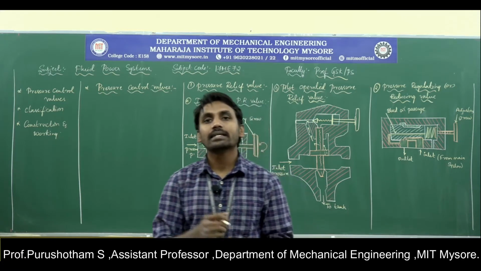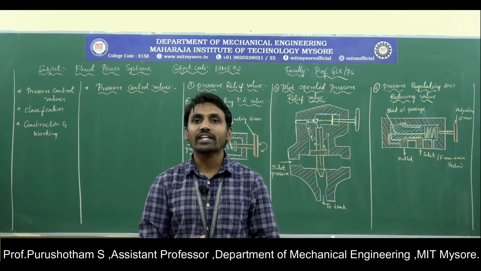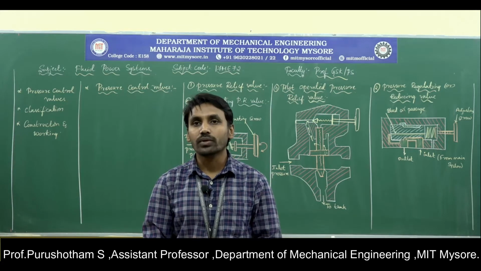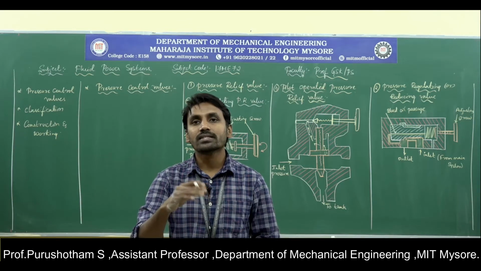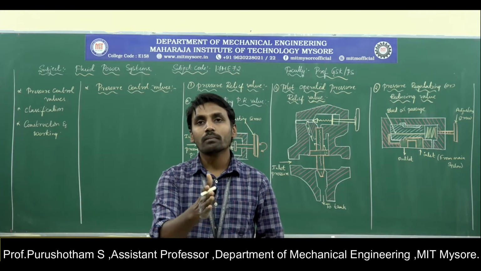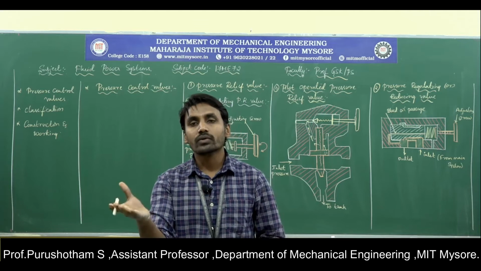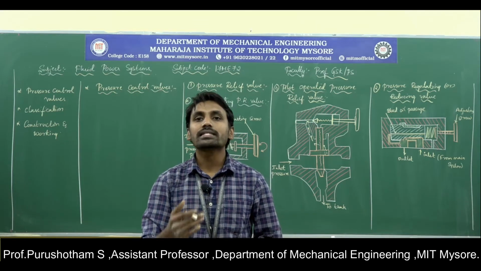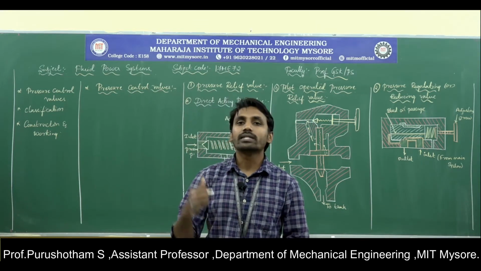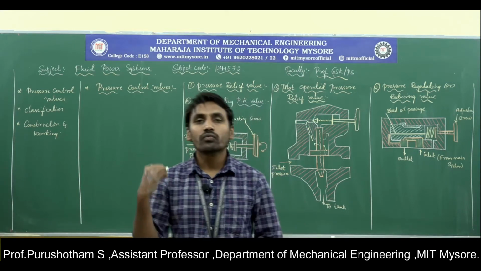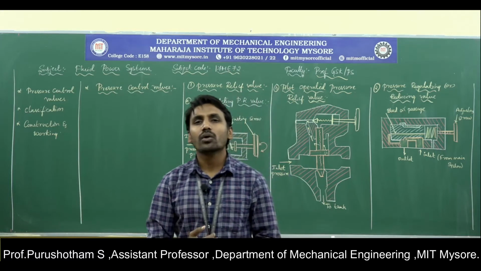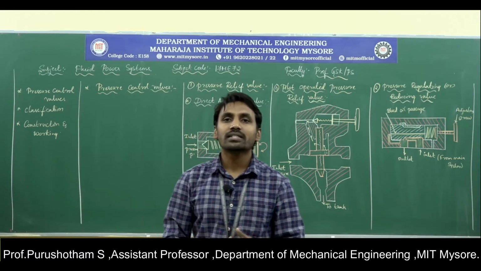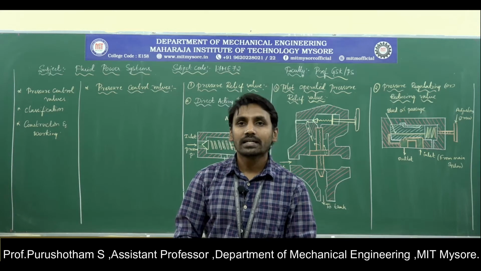Then, assisting the sequential operation of actuators using pressurized fluid. That means if you want a sequential operation, where first we do a clamping process and then a machining process, this can be assisted by varying the pressure of the fluid using these valves. Finally, for whatever operations are related to pressure, we use pressure control valves.